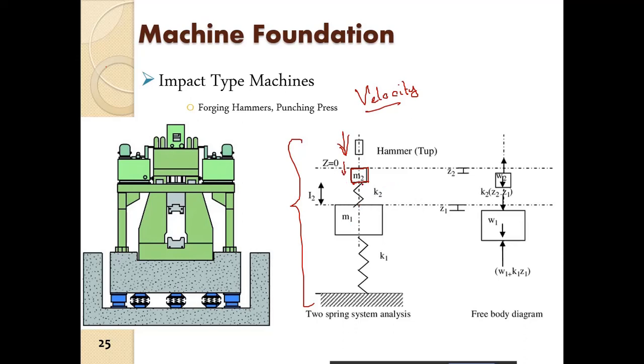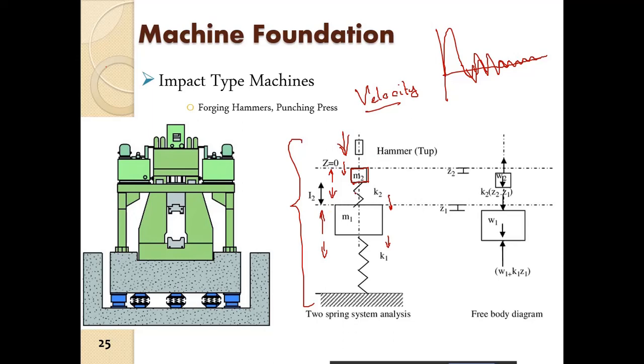As soon as it gets compressed, that compression will then put a force on the mass m1. It will put a force here, and then there will be vibration generated in the mass. So ultimately there is a force given, and then there is a natural vibration of the system, and it dies out. Of course there is damping, but we are not considering that for the moment.